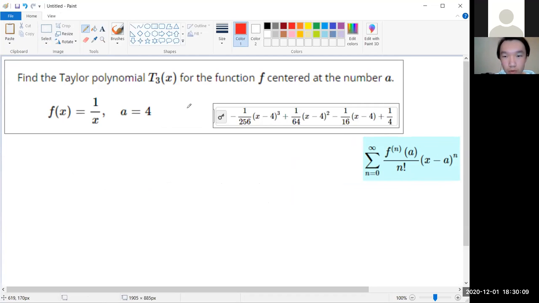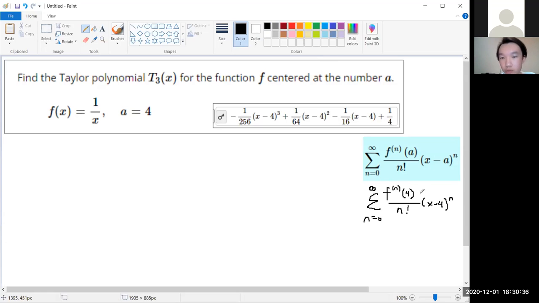So the first thing we can plug in is the center, right? The center is 4, which means a is 4. So let's plug that in. So this will be the sum from n equals 0 to infinity of f to the n of 4 over n factorial times x minus 4 to the n.